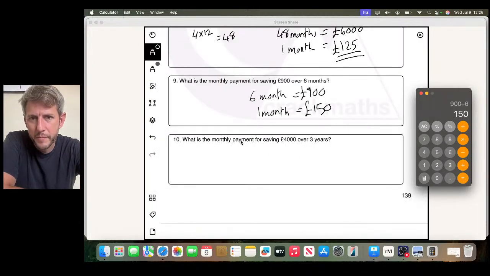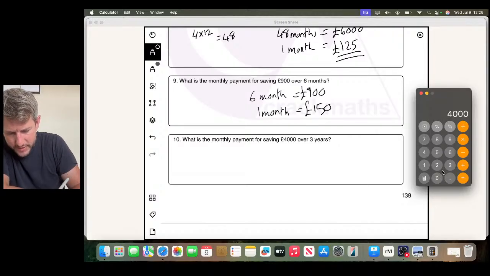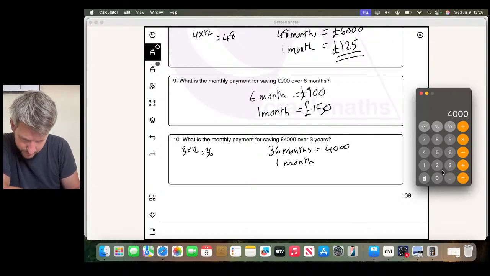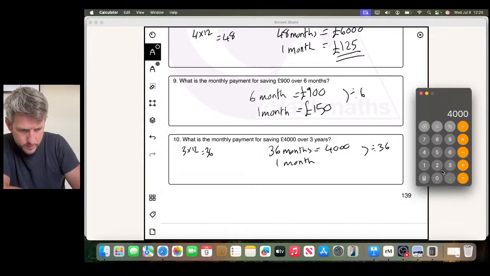Okay, what is the monthly payment for saving £4,000 over 3 years? So we've got 4,000. 3 times 12 equals 36. 36 months equals £4,000. So 1 month is this divided by 36.